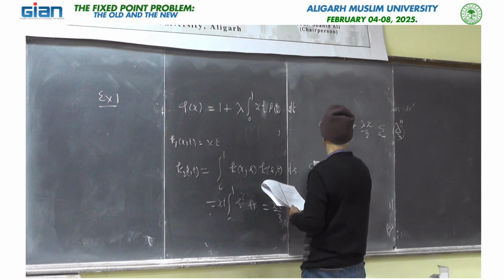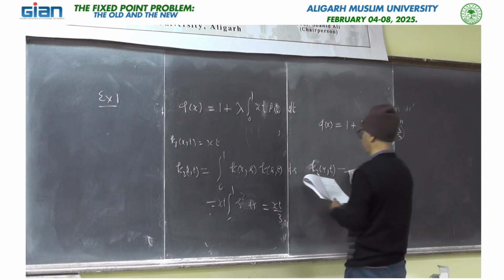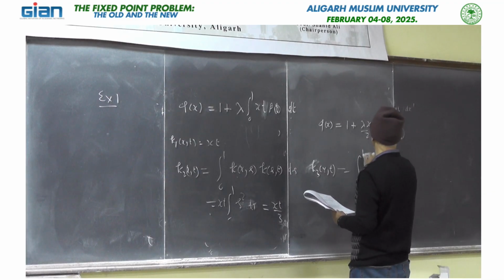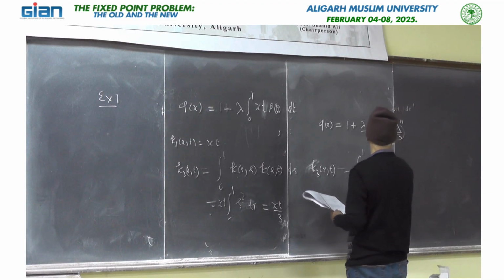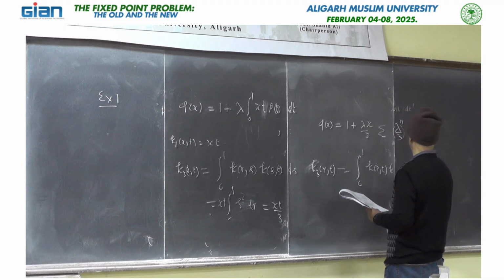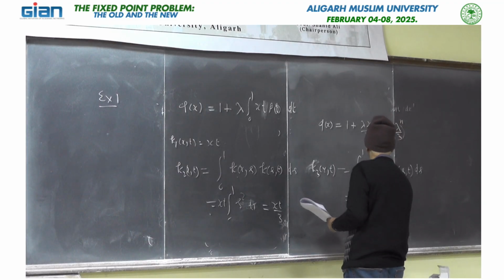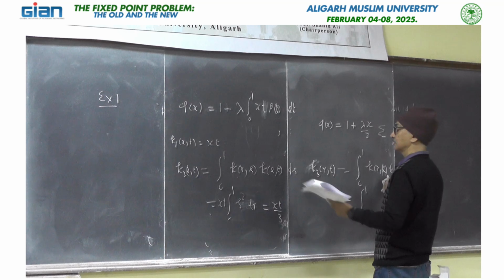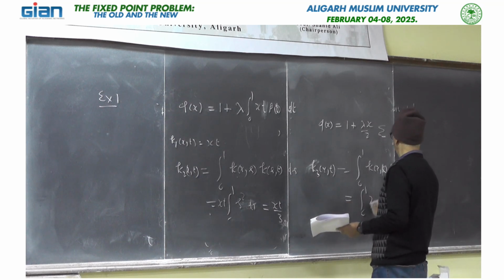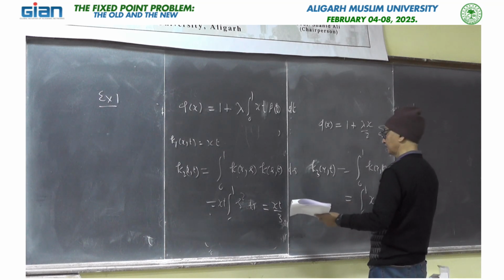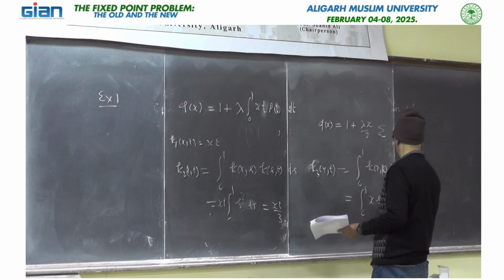So, K3 x t equals, you have 0 to 1 k x s, K2 x, K2 x s and k s t ds, and so it will be 0 to 1 k x s is what? This is x s and this is s t.